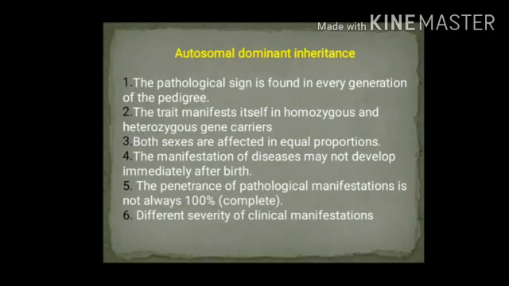Heterozygosity is evidenced by the appearance of the disease in some of their children. Different severity of clinical manifestation: the clinical manifestation of the disease may vary depending on the expressivity and penetrance of the mutant gene. The dominant gene can have varying degrees of expressiveness in severity, which makes it difficult to establish the type of inheritance.